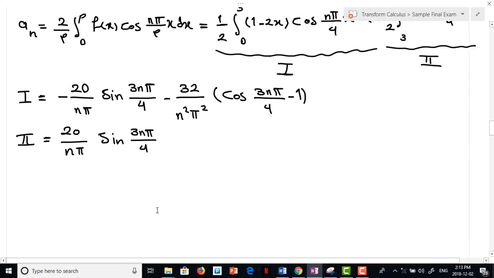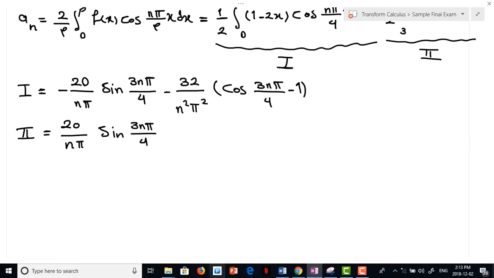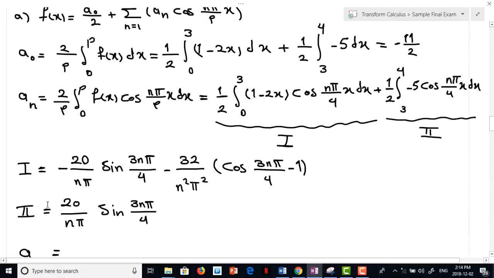If you want to find an, you have to add them together. In these two integrals, I didn't consider the half. Integral number 1 is just this integral, and integral number 2 is just this integral.